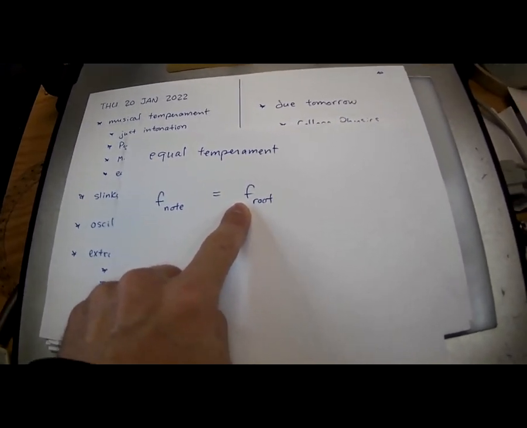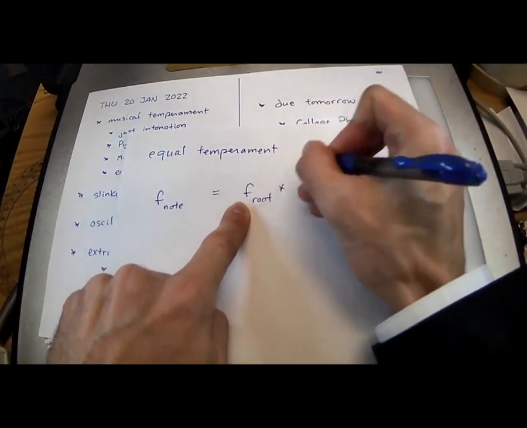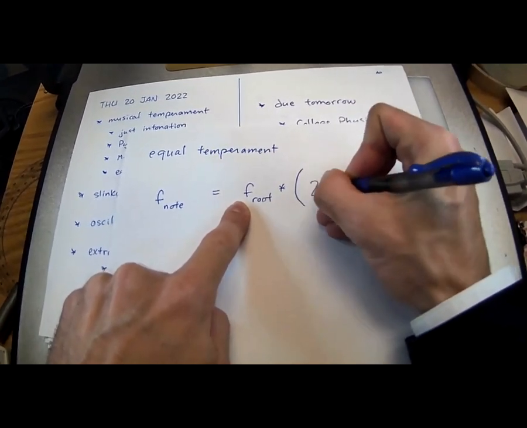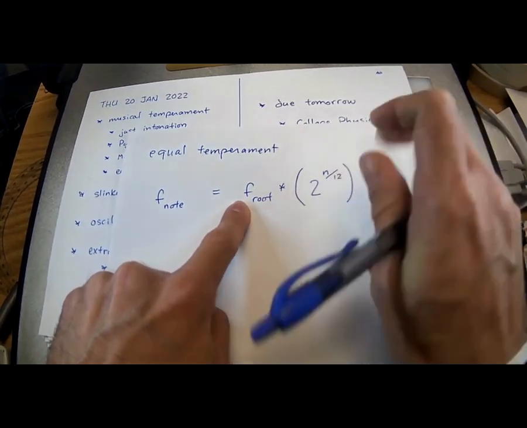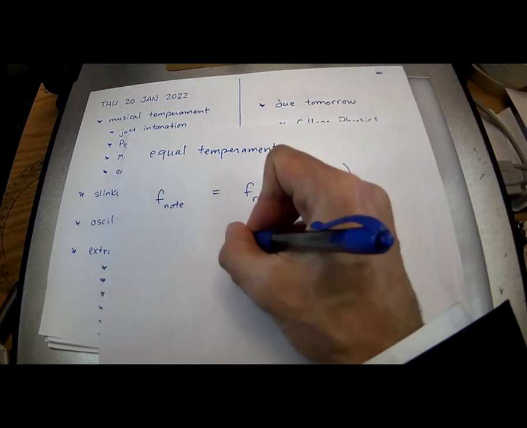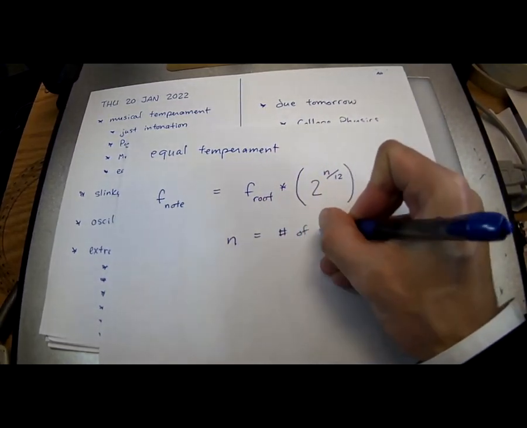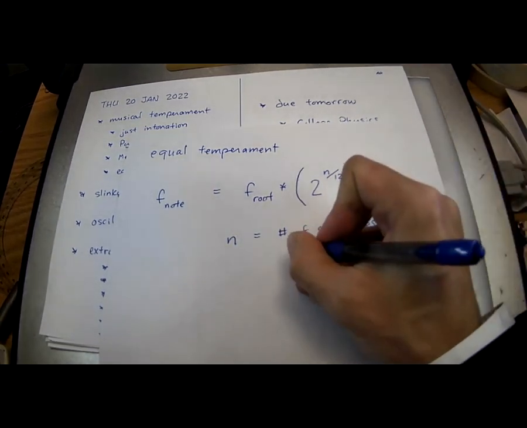That's an A note, I think it's 440. And then multiply by 2 to the power of n over 12, where n represents the number of semitones from the root note.